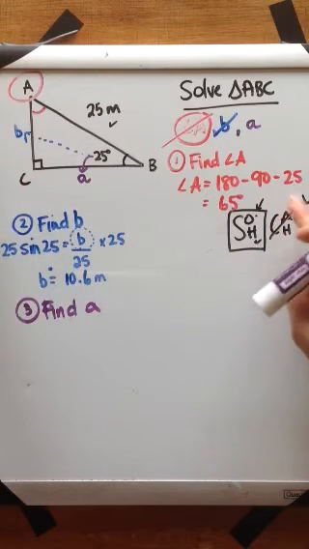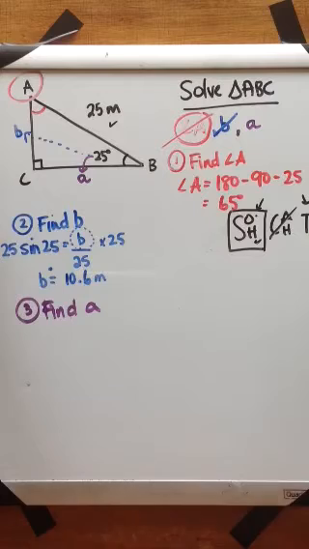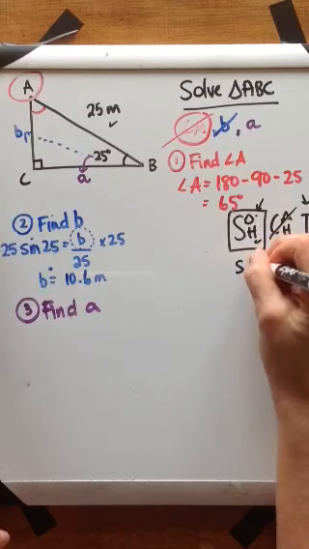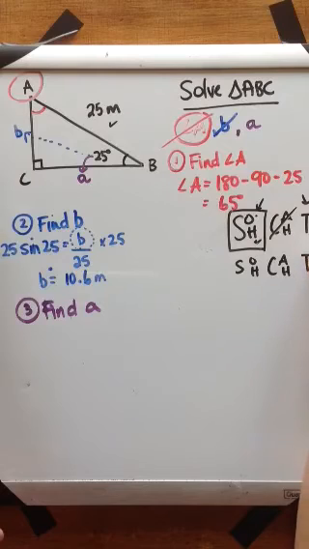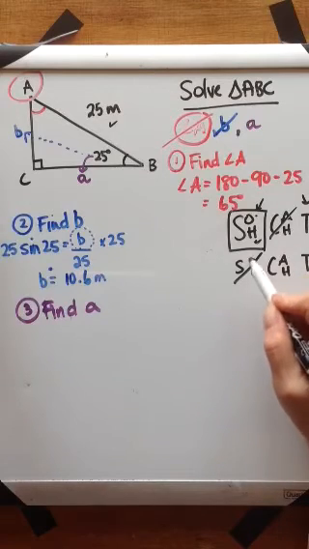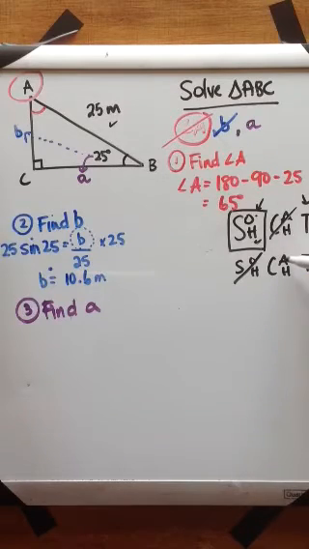So if I go back up to my SOHCAHTOAs, I need to figure out which one of them I can use to find and solve for adjacent. Well, right away, sine is out because it doesn't contain adjacent as an unknown. So now I'm down to using cosine or tangent. Well, what am I given?